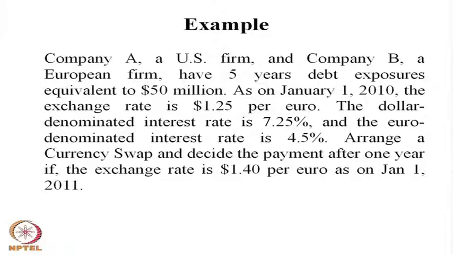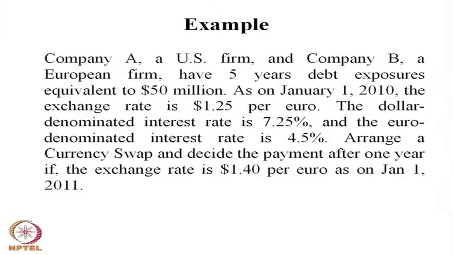What is the transaction process? There are two companies, one a US firm and another a European company. They have 5-year debt equivalent to 50 million US dollars. As on January 1st 2010, the exchange rate between US dollar and euro is 1.25 US dollar per euro. The dollar interest rate is 7.25, the euro interest rate is 4.5.